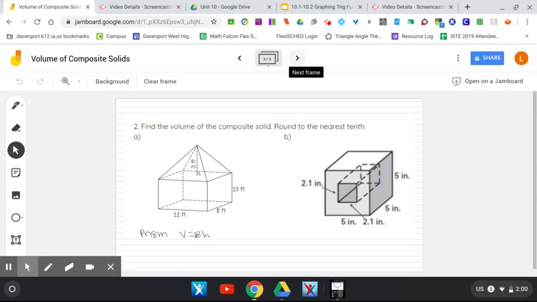Here is what will make the base. So we'll take 12 times 8 and get 96. And the height is 10. So the volume would be 96 times 10, or 960. So there's your first volume right there.